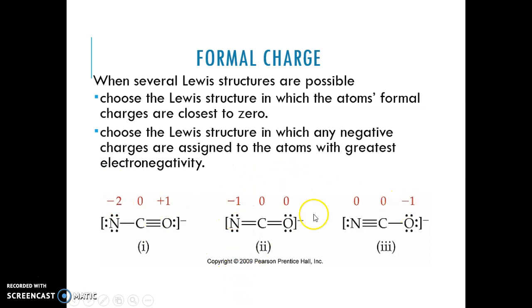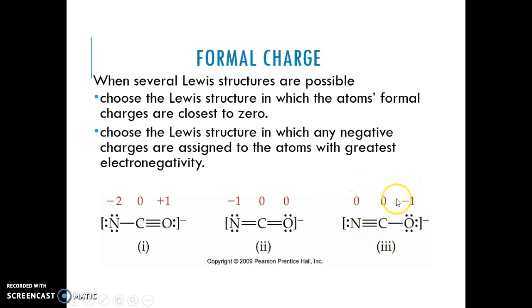So let's take a look at these two, which have much better numbers. But let's go through and prove where the formal charge is coming from. So 2, 4, 6 for nitrogen. It's supposed to have 5, so -1. Carbon is okay, so it gets a 0 formal charge. Likewise, oxygen has 6, and it's supposed to have 6, so it gives a 0. Moving on to this second structure, 1, 2, 3, 4, 5 electrons for nitrogen, and that's what it's supposed to have, so 0.